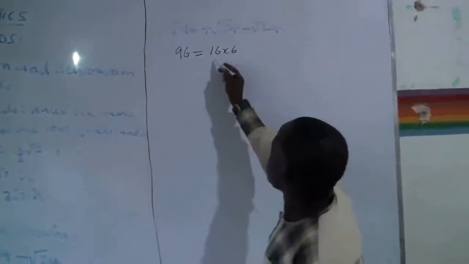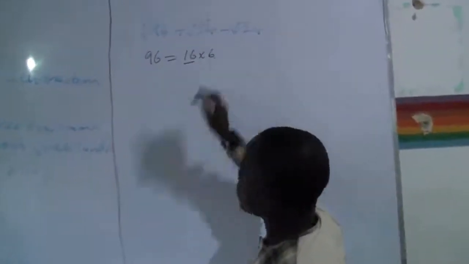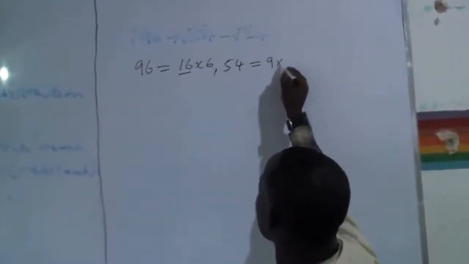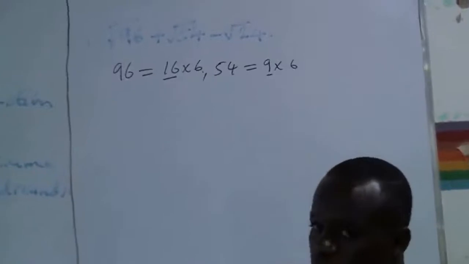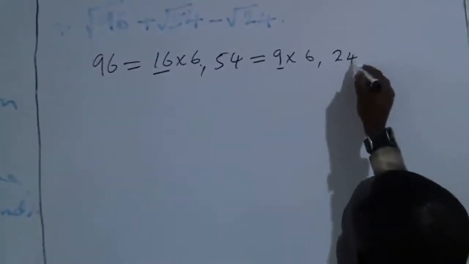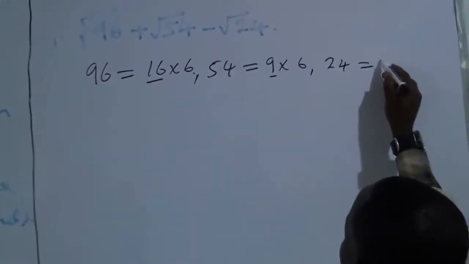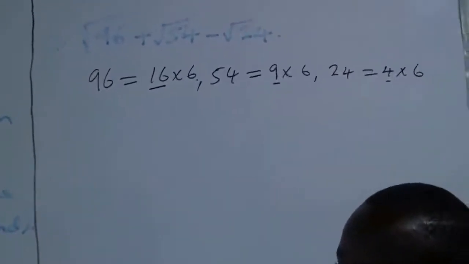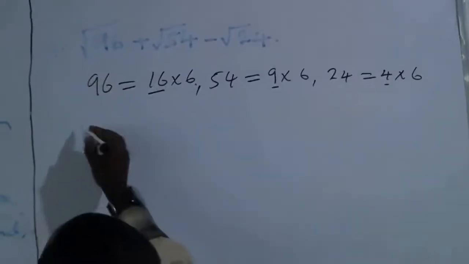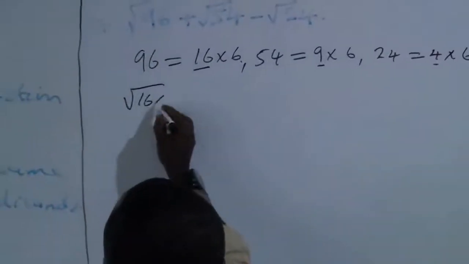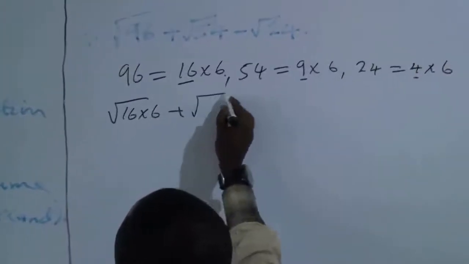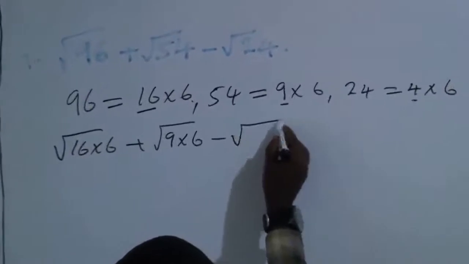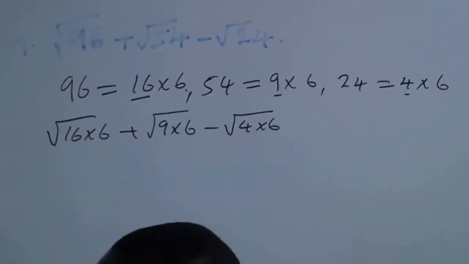If you check, 16 is a perfect square, 6 is not. 54 is the same thing as 9 times 6. 9 is a perfect square. And then 24 is the same thing as 4 times 6. 4 is a perfect square. So that means this is very simple now. We can write this as square root of 16 times 6 plus square root of 9 times 6 minus square root of 4 times 6.